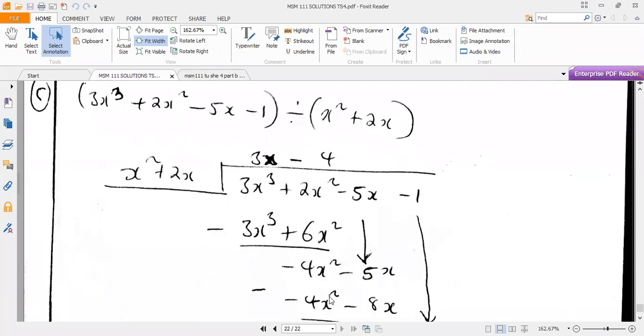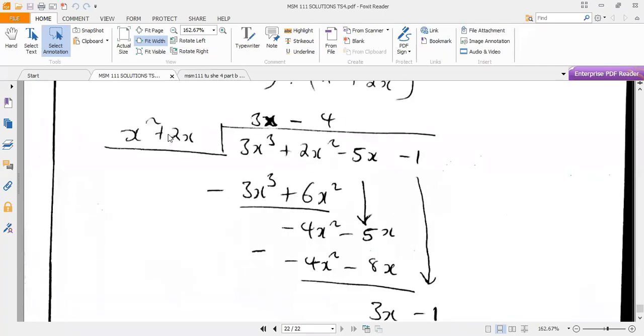Then you multiply again, negative 4 times positive 2x is negative 8x there. When you subtract these two, we're having a 0. So we have negative 5 minus 8x, isn't it?